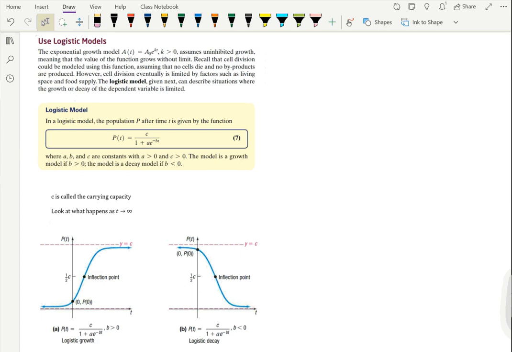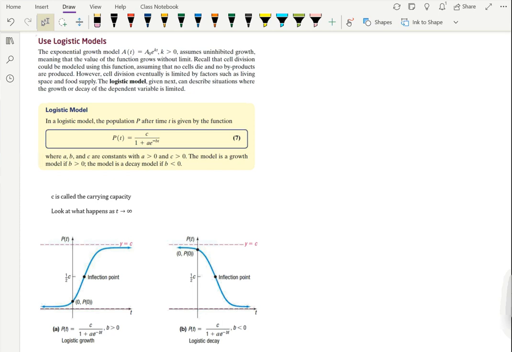So as we take a look at our next example, we've got logistic growth. As we take a look at logistic growth, we see that the exponential model, A of t equals A sub 0 e to the kt. As k is positive, that assumes uninhibited growth, meaning the value grows without limits. So this would pose a bit of a problem if we've got a bacteria that's growing without end.